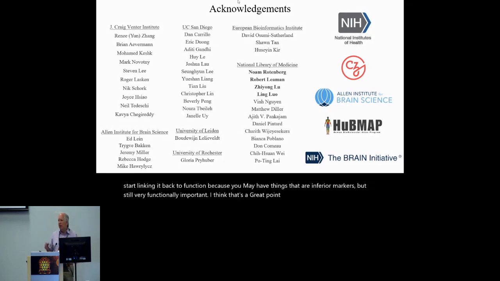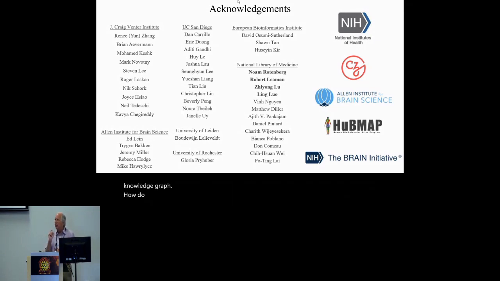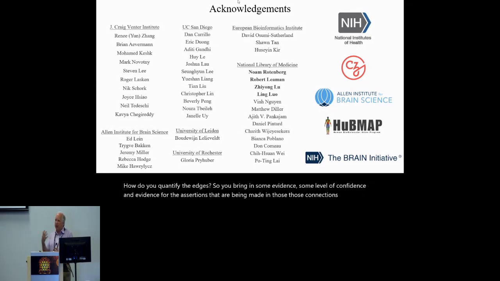We decided to start out with this very strict connection between markers and cells, but there are also differential expression analyses where you might have 20, 30, 40 genes that also have reasonable differential expression that probably play an important functional role in the cell. So we are starting to think about how we bring both types of information into the knowledge graph. How do you quantify the edges? So you bring in some level of confidence and evidence for the assertions that are being made in those connections. So there's a lot of work along those lines that still needs to be done. But yeah, thanks for your question.